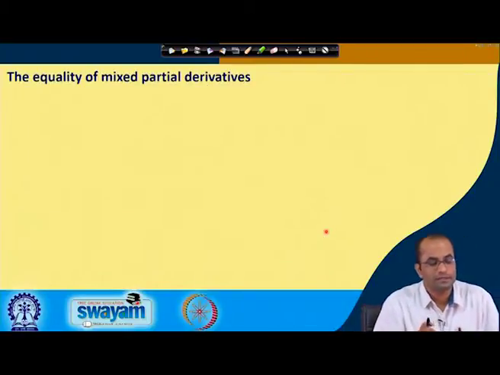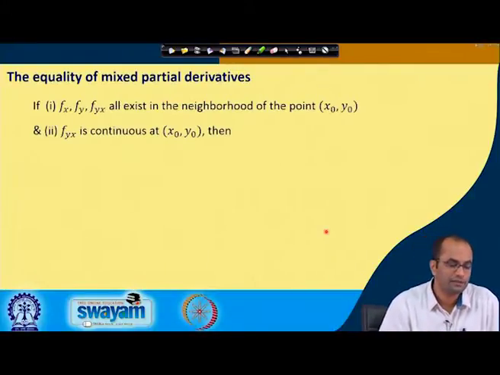So, when the equality of these mixed partial derivatives happens, we have this result: if f_x, f_y and f_yx all exist in the neighborhood of this point. So, not only at this point, but also in the neighborhood of this point, all these three exist, and on top of this f_yx is also continuous at that point (0, 0).